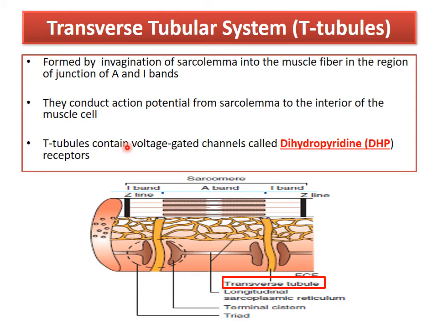The membrane of the T tubule contains voltage gated channels called dihydropyridine receptors. Remember, these receptors are voltage gated dihydropyridine channels.